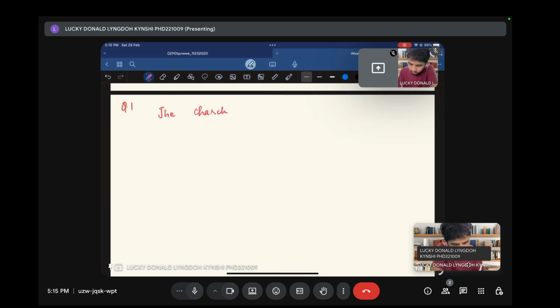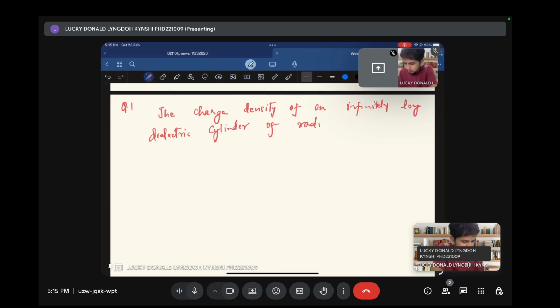So question number 1 from your assignment says that the charge density of an infinitely long dielectric cylinder of radius a varies as rho equal to k r.